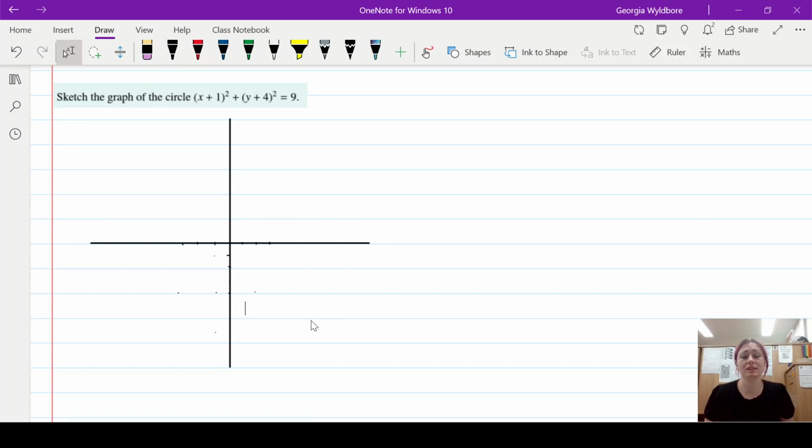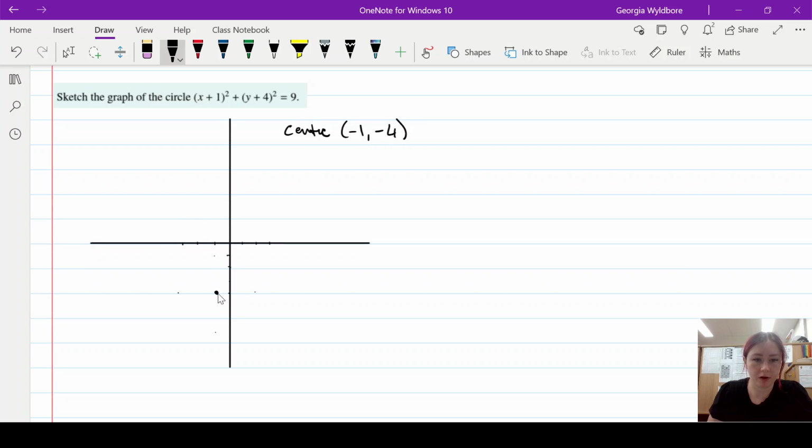Sketching the graph of the circle is then not particularly more complicated because all we need to do is work out where our x and/or y intercepts are and how wide our circle is, using that radius. So here we know that our center is going to be at (-1, -4).